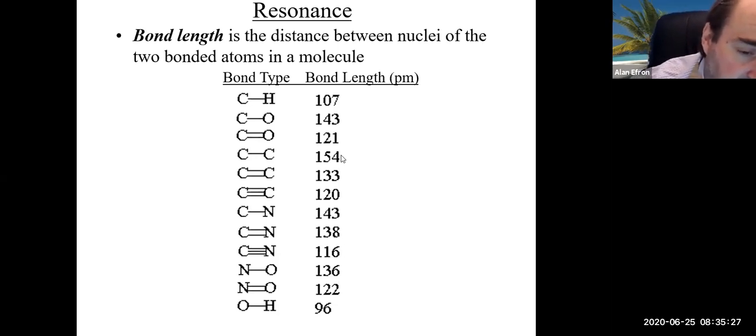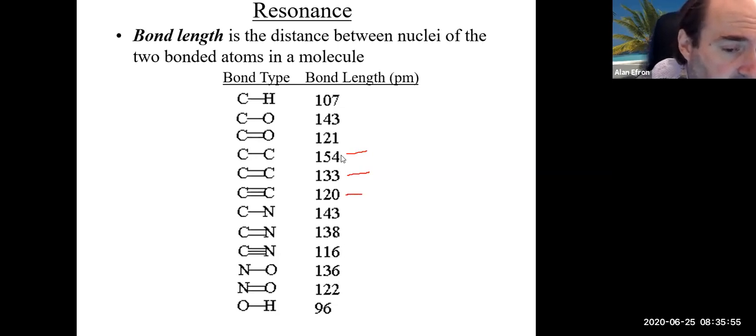So for example, if we look at the carbon-carbon single bond, double bond, and triple bond, this is the bond length. So this is the distance between the two nuclei inside that bond. And we see that the single bond has a distance of about 154 picometers, double bond 133 picometers, and a triple bond 120 picometers.